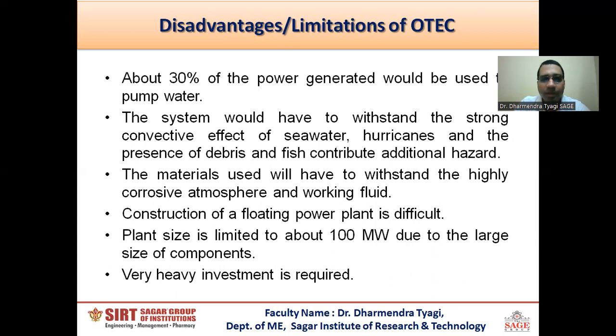The materials used will have to withstand the highly corrosive atmosphere and working fluid. Construction of a floating power plant is very difficult. Plant size is limited to about 100 megawatt due to the large size of components. Very heavy investment is required initially.